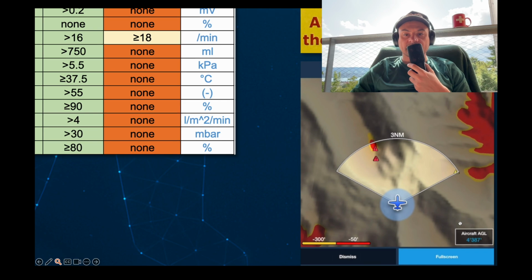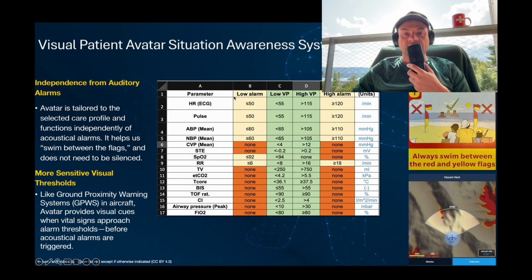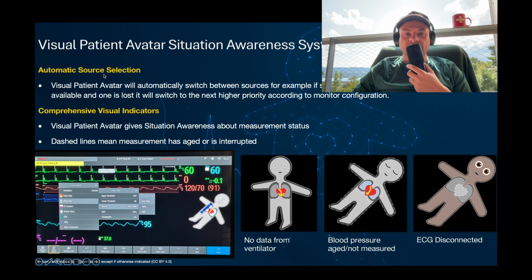Thereby, just like the ground proximity warning systems in aviation, it provides a visual reference to the terrain, and only once the airplane is turned toward the terrain or our patient gets closer to the acoustical thresholds will an acoustical alert sound.